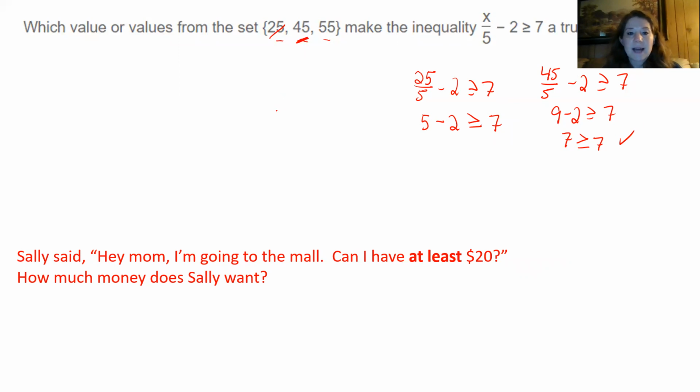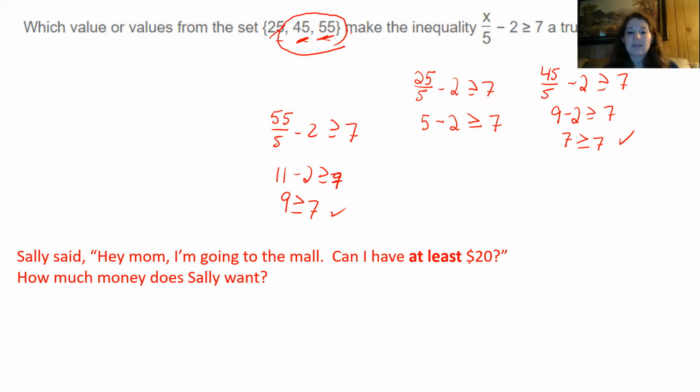I know you guys can't see that, but all right, let's try 55. 55 over 5 minus 2 is greater than or equal to 7. Well, 55 divided by 5 is 11, and 11 minus 2 is 9. Whoops, I said 9 and wrote 9. 9 is greater than or equal to 7. Is that true? Yes, 9 is greater than 7. So there's 2 of these that make this inequality true, 45 and 55.